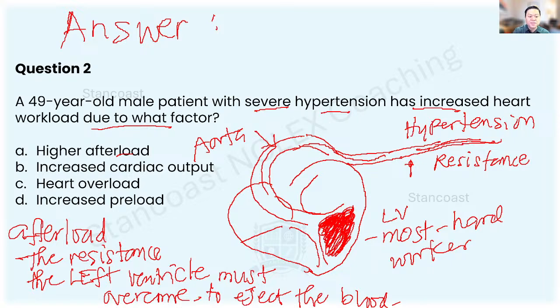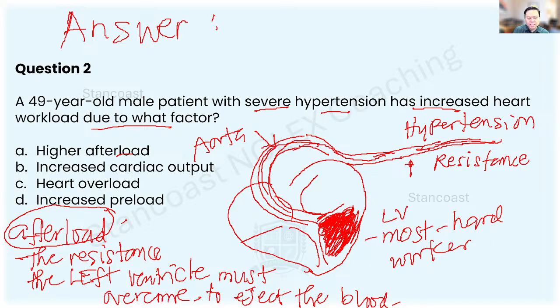Okay, so the same will apply to the heart. If the blood pressure, that is the chronic blood pressure, is increased, if there is that uncontrolled hypertension, this will cause the heart to work harder in pumping the blood out from the left ventricle into the circulation. Okay, so this is what we call the afterload.